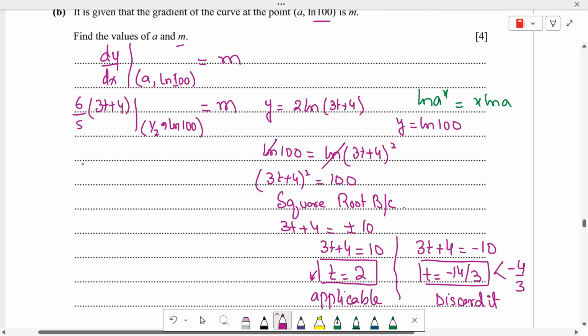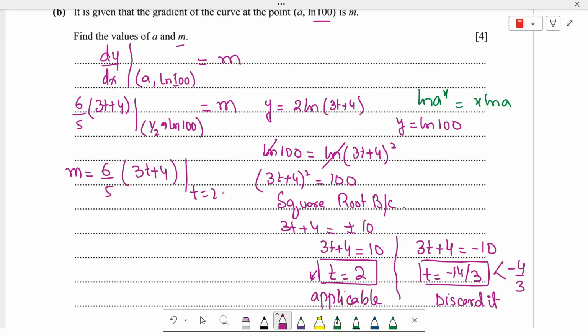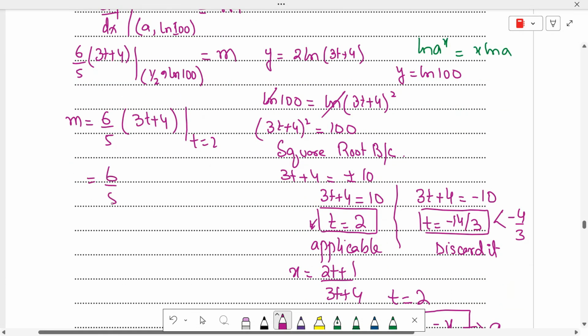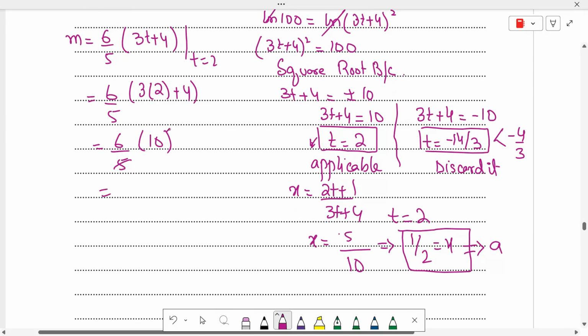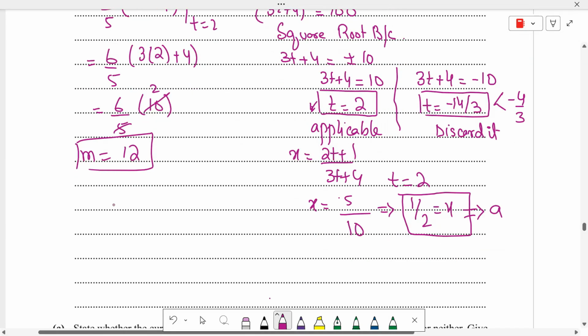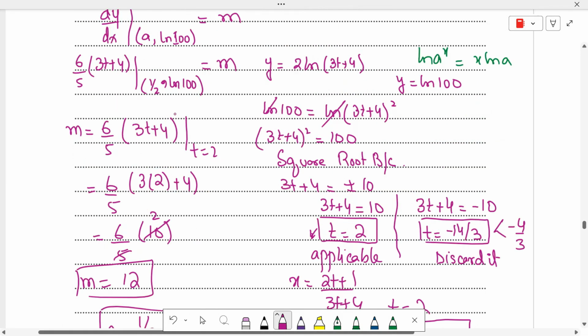So m is equal to 6 over 5 times (3t plus 4) at t equal to 2, which is 6 over 5 times (3 times 2 plus 4), equal to 6 over 5 times 10, which is 12. So we have a equal to 1 by 2, and m is equal to 12. These are the required values.